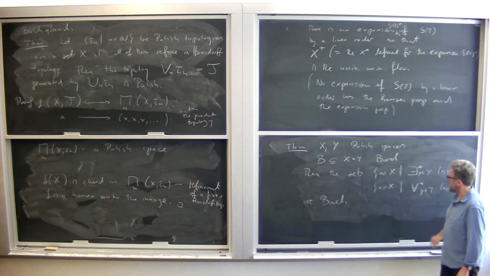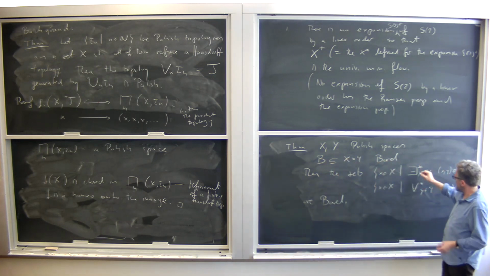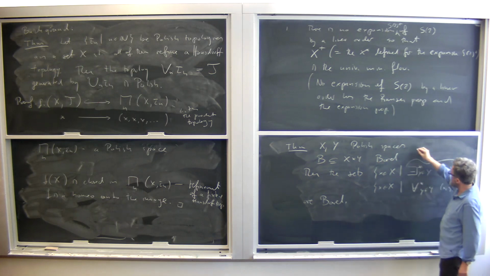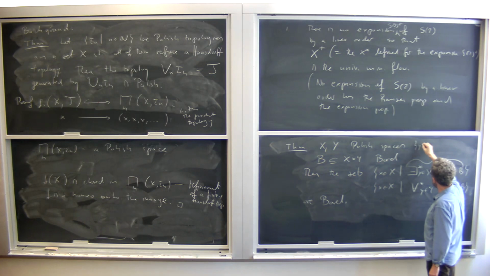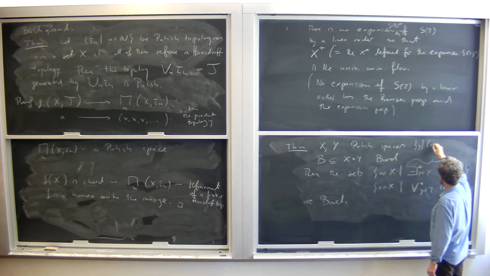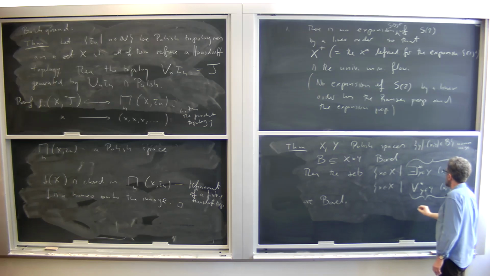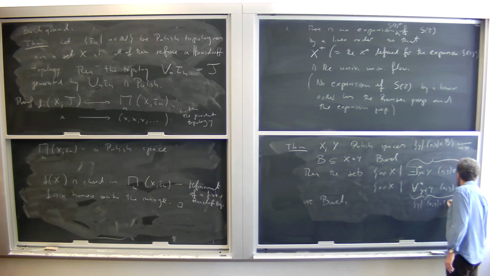So what are these quantifiers? First of all, this says that the set of all y such that (x, y) is in B is non-meager. And this says that the set of all y such that (x, y) is in B is comeager.